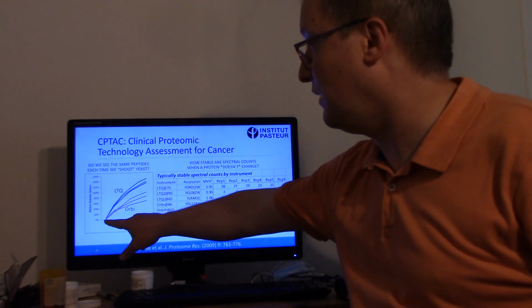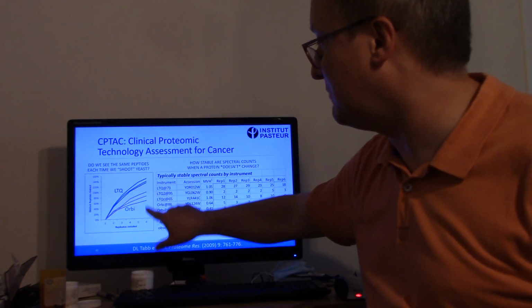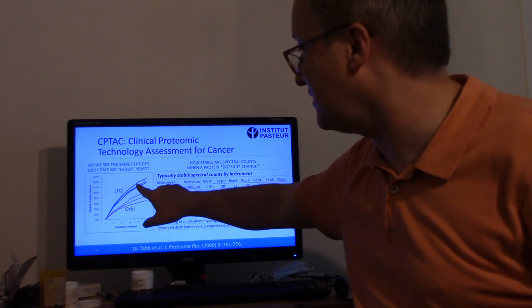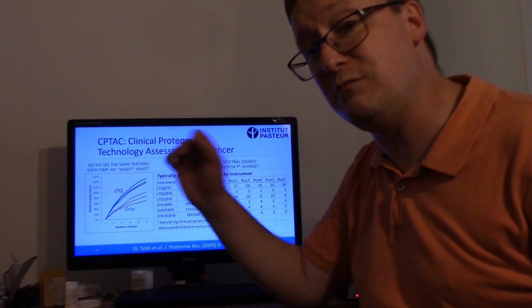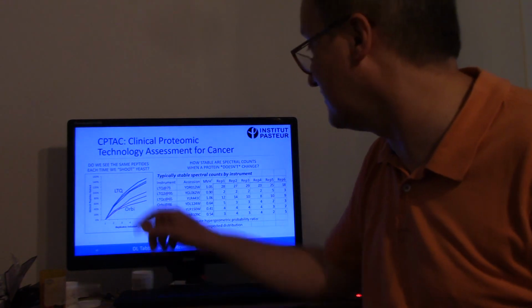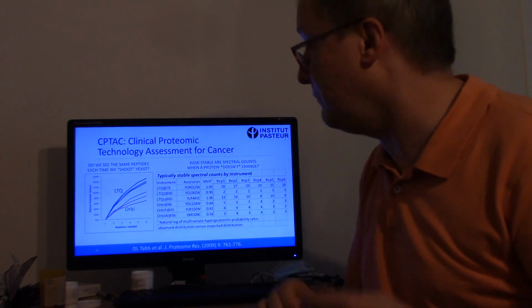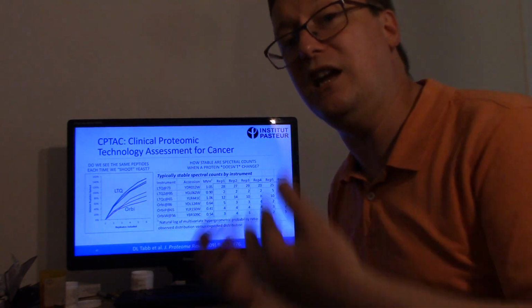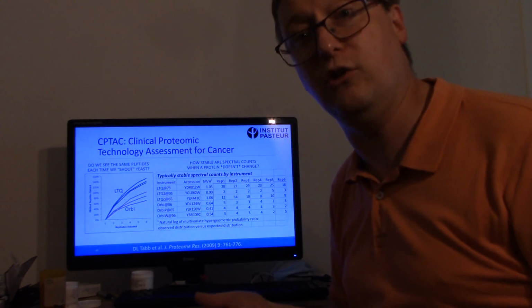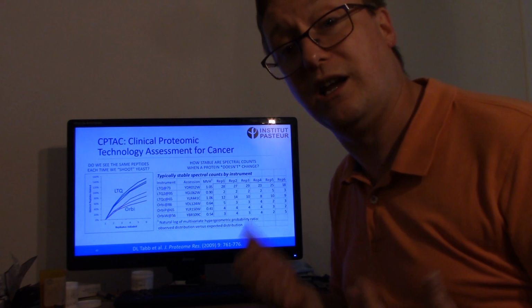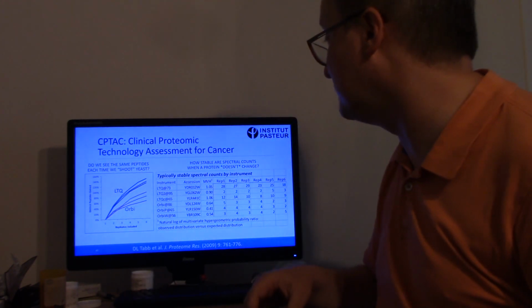So you can see that for the LTQ, having shot the same sample a 6th time, you were still identifying new peptides that hadn't been seen in the first 5 shots of yeast. The same is also true for the Orbitrap instruments, although it appeared that the number of peptides we gained by reshooting a sample in the LTQ was continuing to rise more quickly than for the Orbitrap instruments.